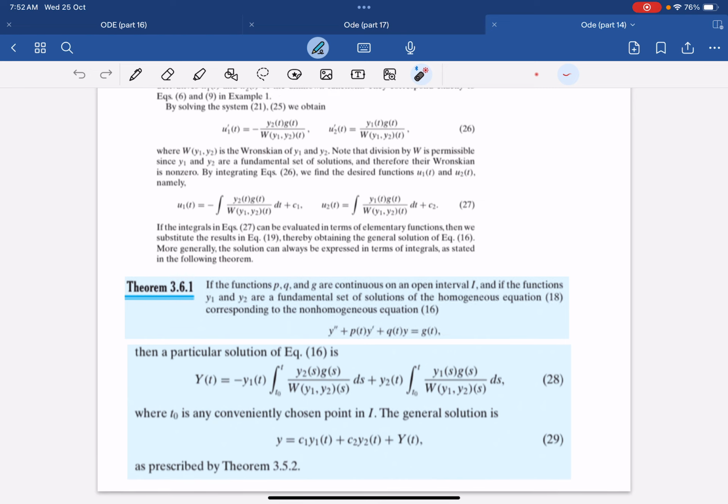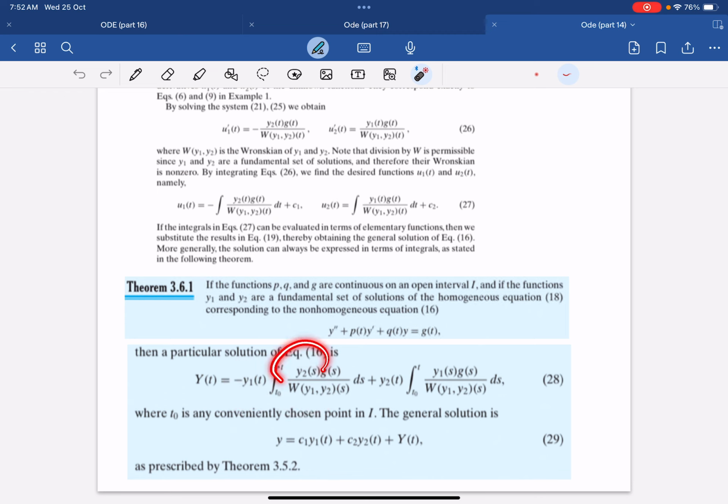So the theorem is that if the functions y1 and y2 are the fundamental set of solutions to the homogeneous case, then a particular solution will always be y equals minus y1 times this plus y2 times this.